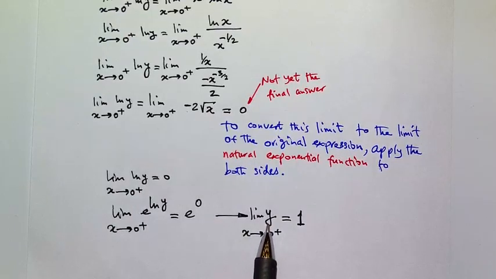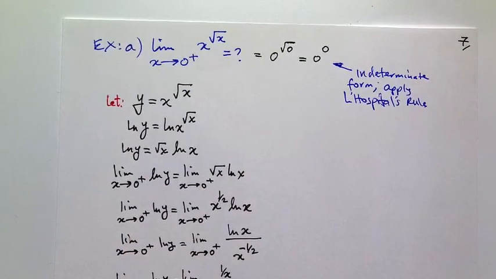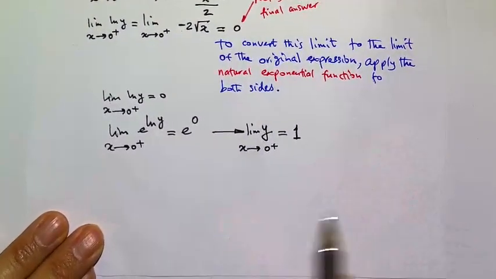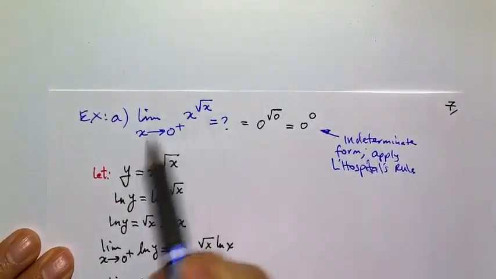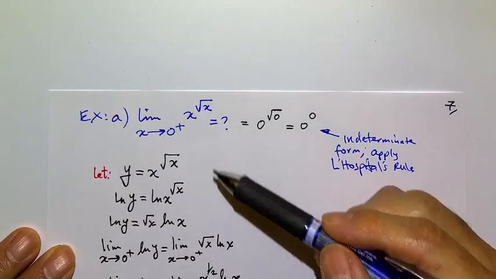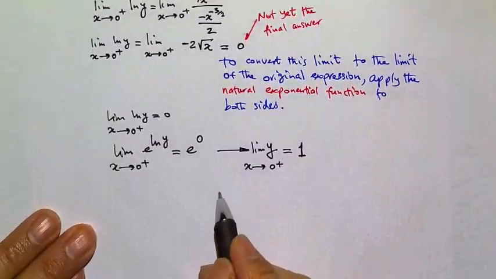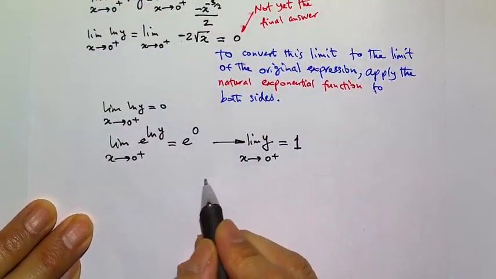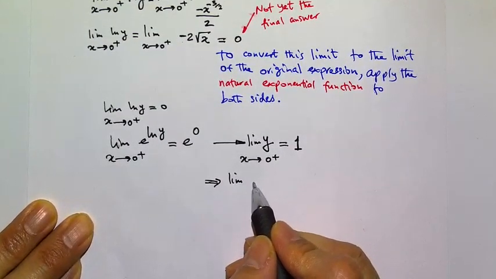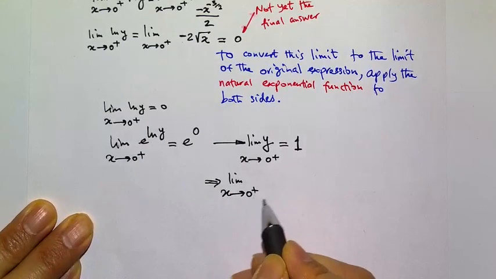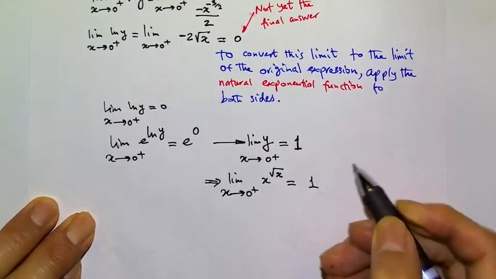But remember, y was this, right? x to the square root of x power. So therefore, we know that the limit of that is equal to 1. We simply substitute for y with this expression, and the right side is 1. Therefore, the limit of x to the square root of x equals 1.